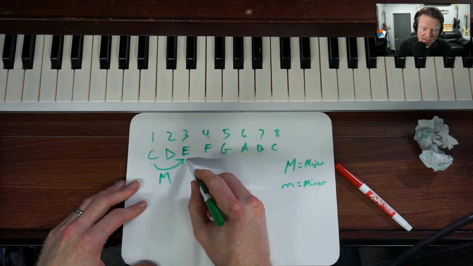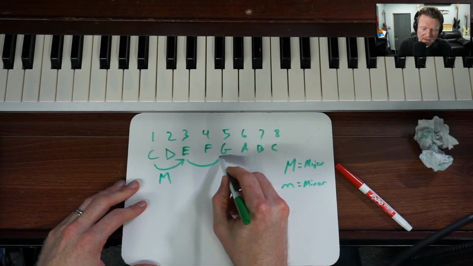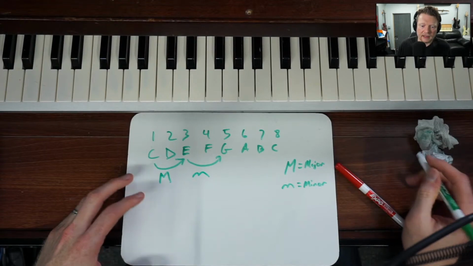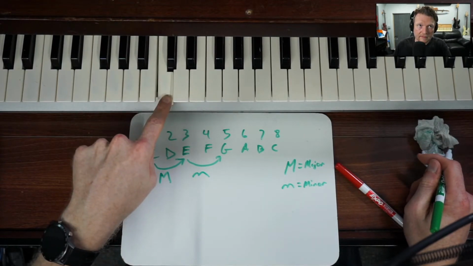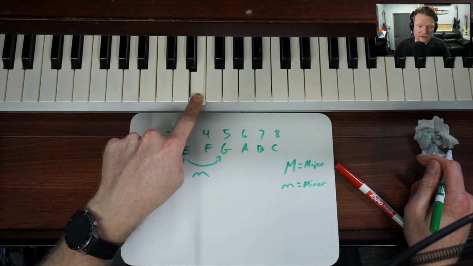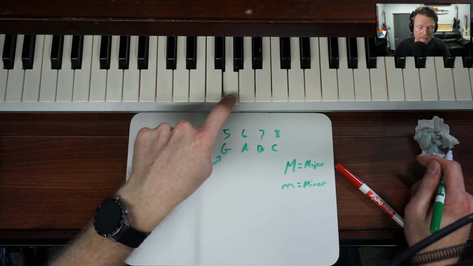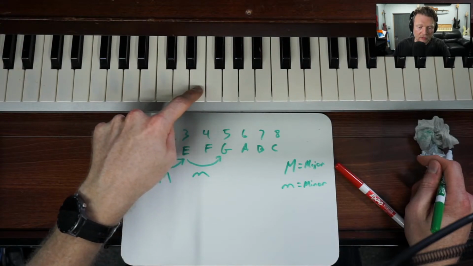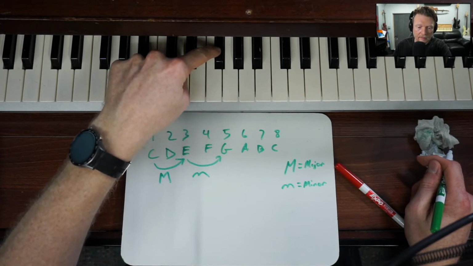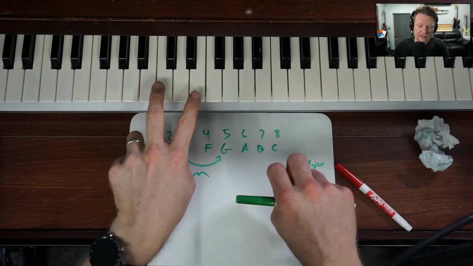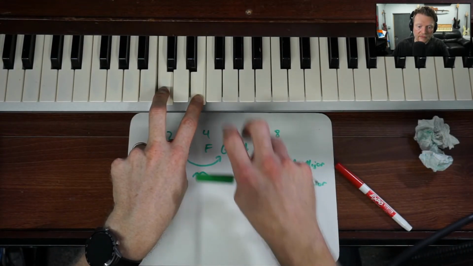The distance between E to G is a minor third. So we have C to E, a major third, but then E to G is a minor third. So if we count up a whole step, then a half step. Are you guys following that? So this is a major third, this is a minor third.